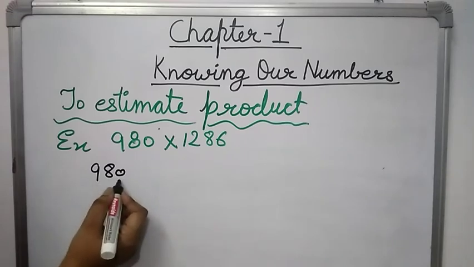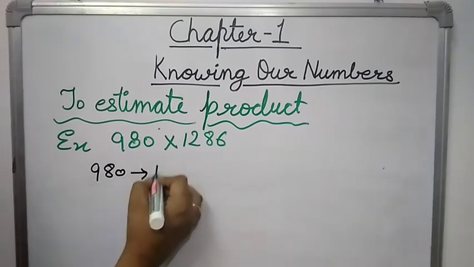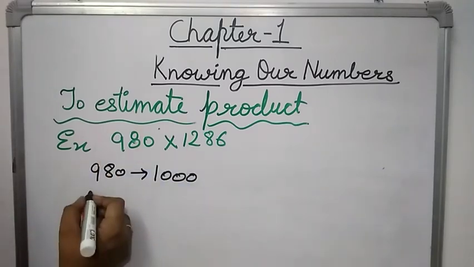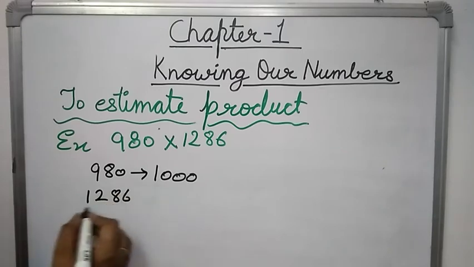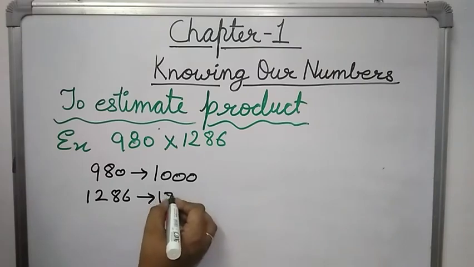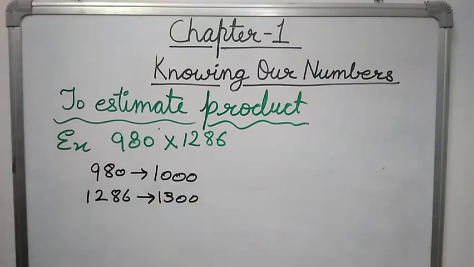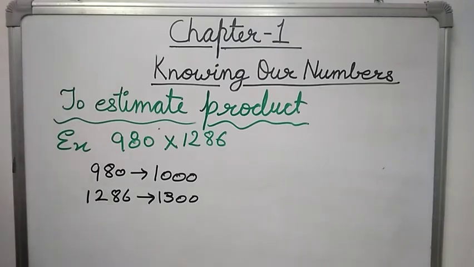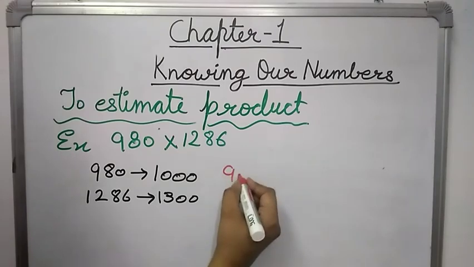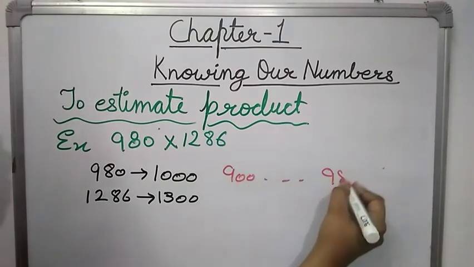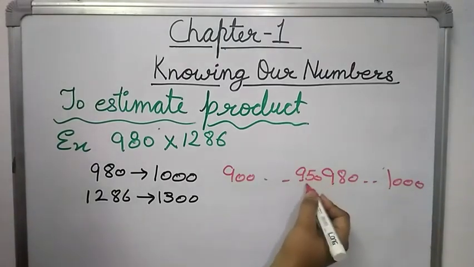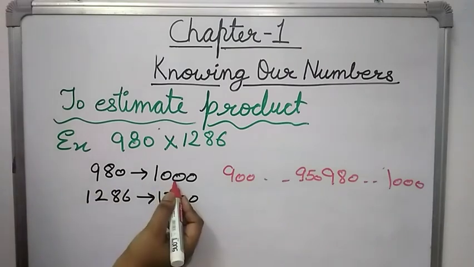As this is 980, we will estimate it as 1000, because 980 lies between 900 and 1000, and it is more than 950, so it is near 1000.